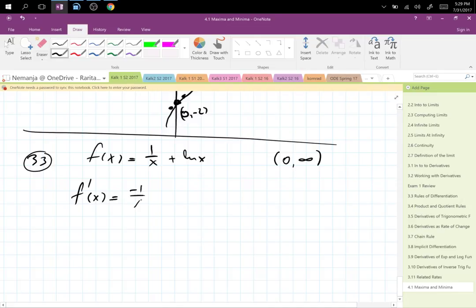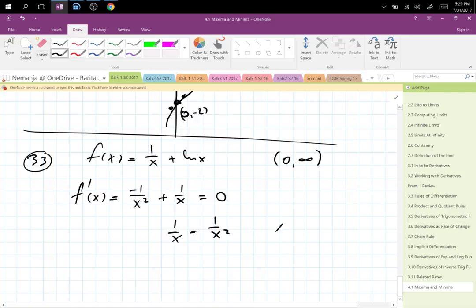So the derivative is negative 1 over x squared plus 1 over x, and we need to set it equal to 0. So now we just need to solve this, which is quick, right? We see that the answers are 0 and 1. You set these guys equal to each other, because you move this term to the other side, it becomes positive, so you get 1 over x is equal to 1 over x squared.